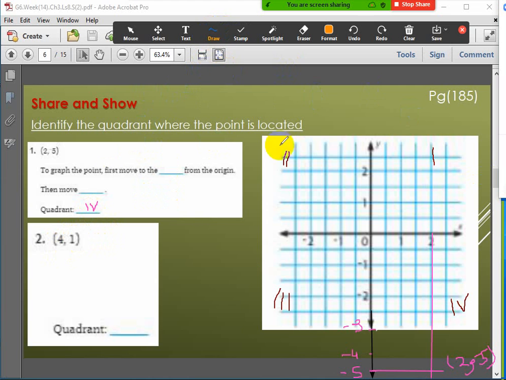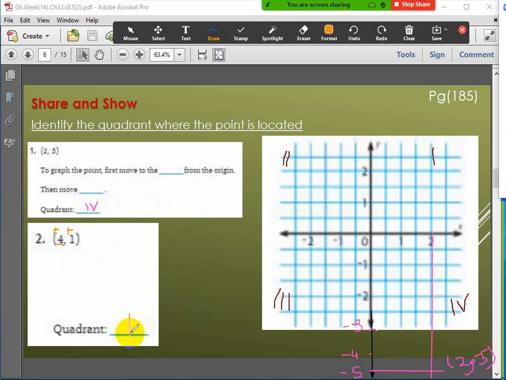If you want to locate it here, there is no need to locate the numbers, but I located the first one as an example for you to know in which quadrant the point will be located. Look, the x is positive and the y is positive.